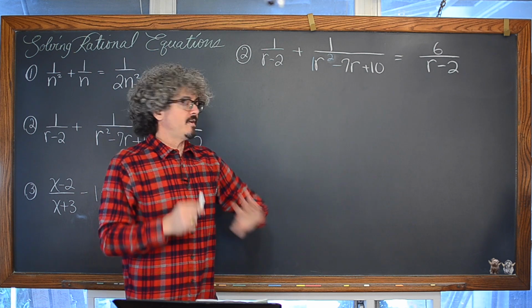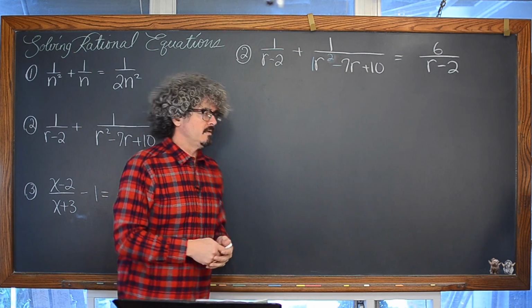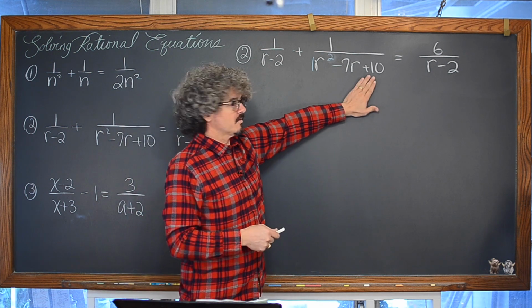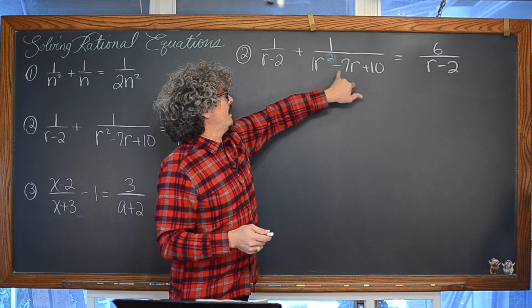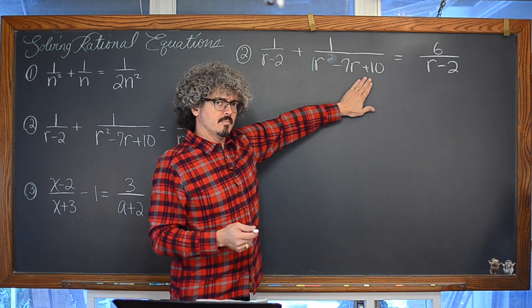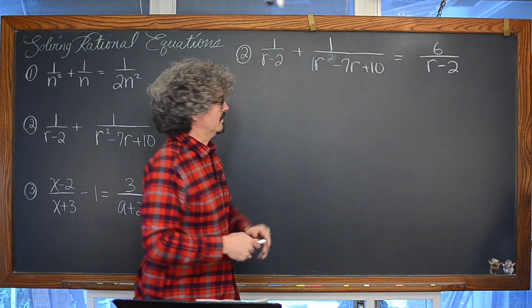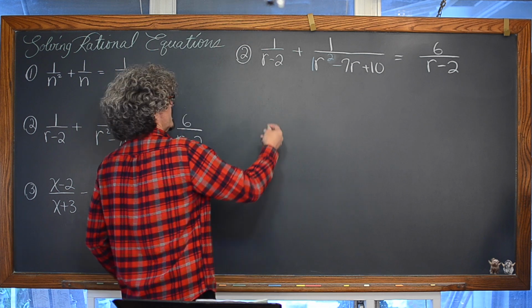So when you go to factor r squared minus 7r plus 10, all you really need to ask yourself is, what are the factors of positive 10 that add to negative 7? And with a positive constant, your factors need to both have the same sign. Well, that's going to be r minus 5 times r minus 2.